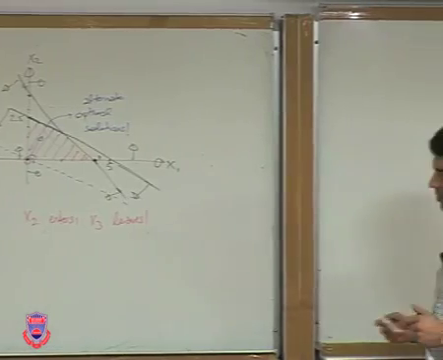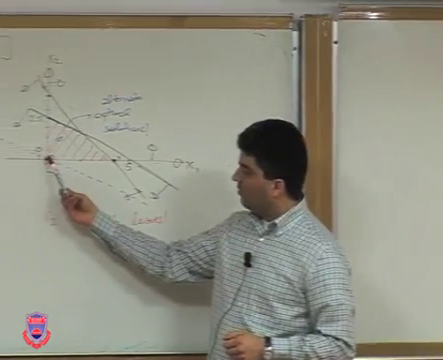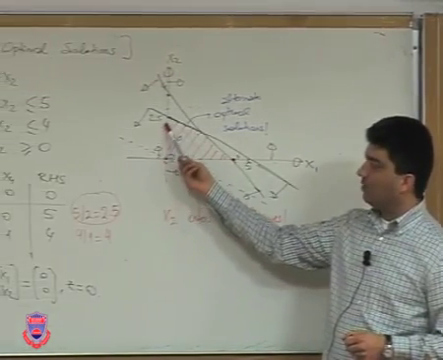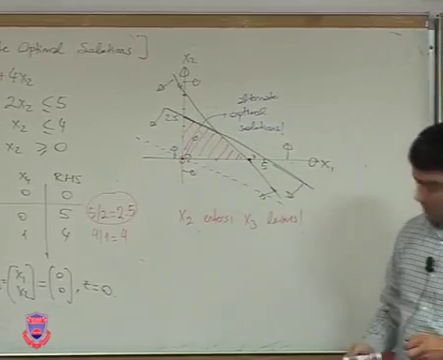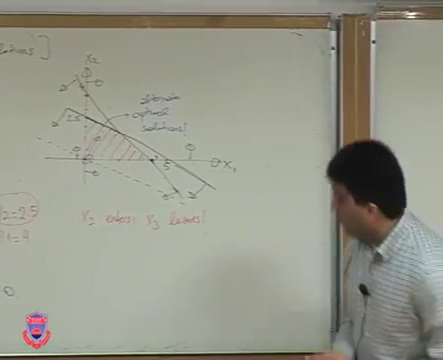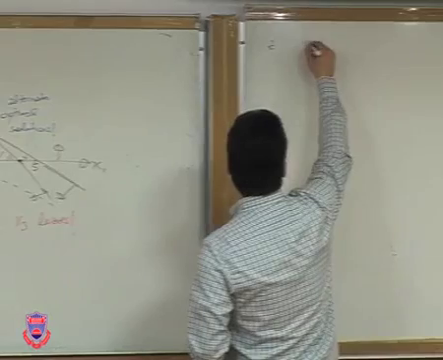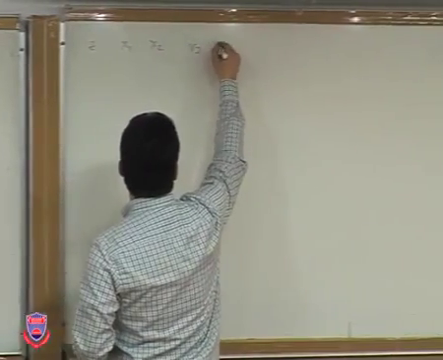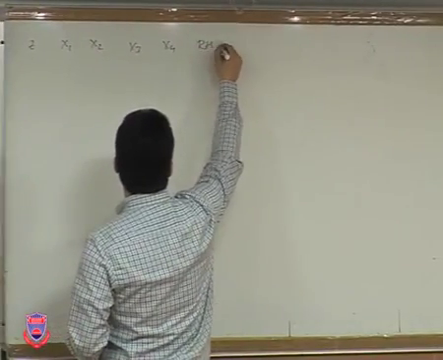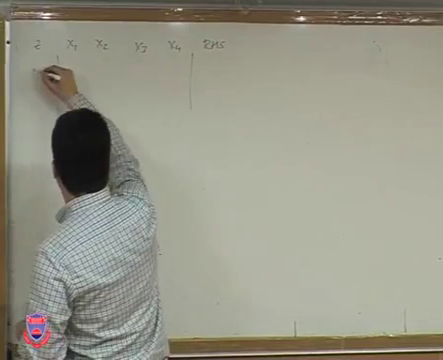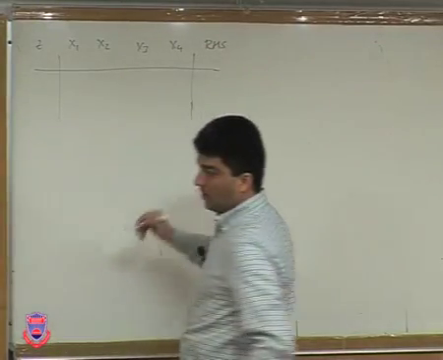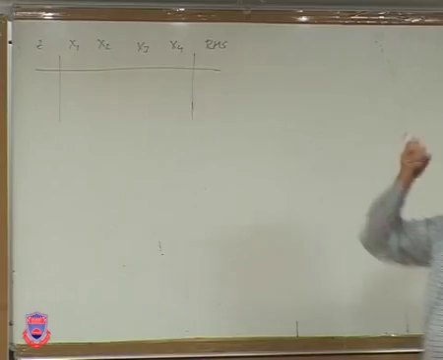Just like we did in the previous example, from here we want to increase the value of x2, so we want to move in this direction. All right, I need to pivot on that entry.